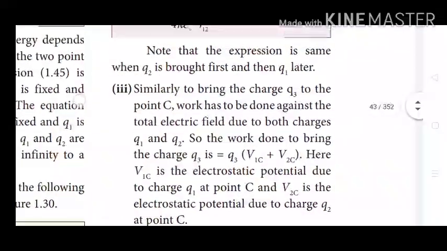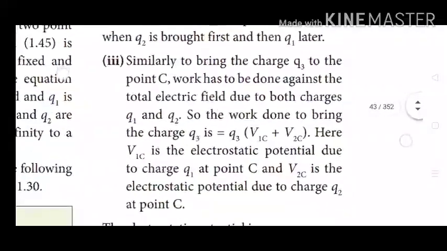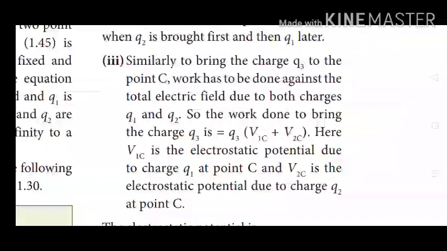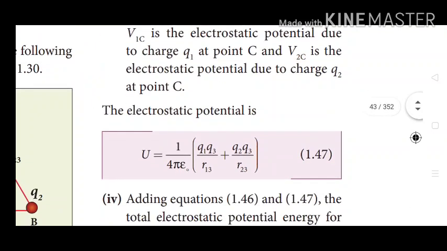Similarly, to bring the charge Q3 to the point C, work has to be done against the total electric field due to both charges Q1 and Q2. So the work done to bring the charge Q3 is Q3 into V1C plus V2C. Here V1C is the electrostatic potential due to charge Q1 at the point C, and V2C is the electrostatic potential due to charge Q2 at the point C.